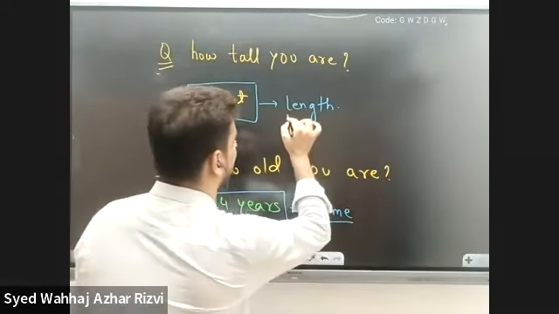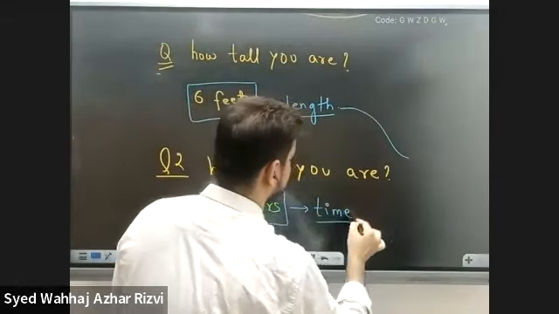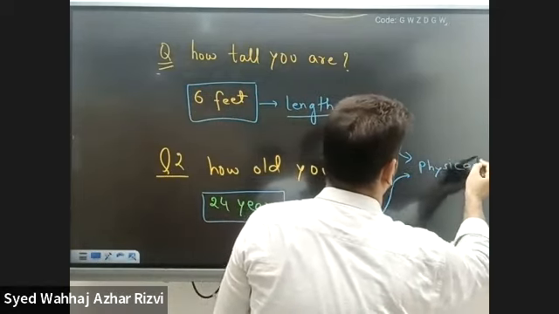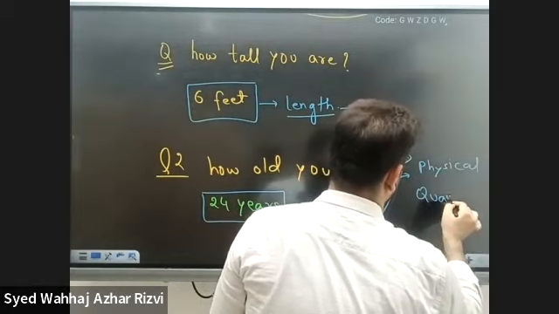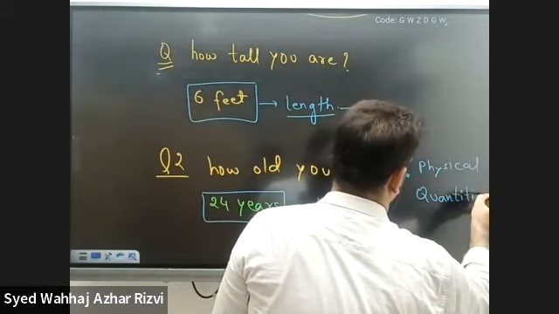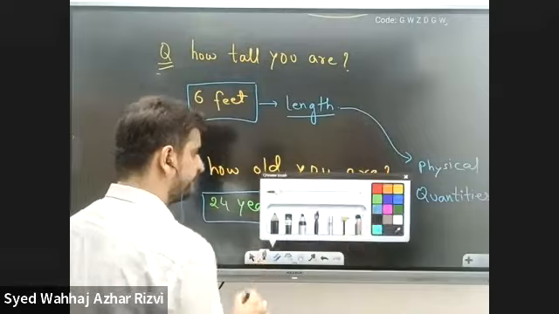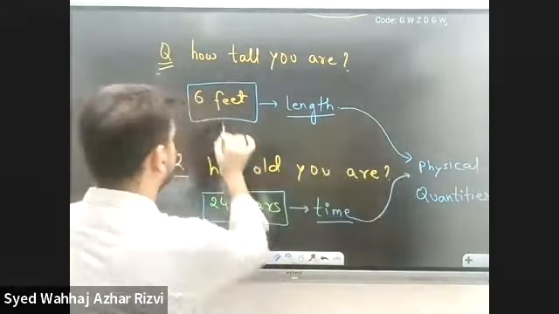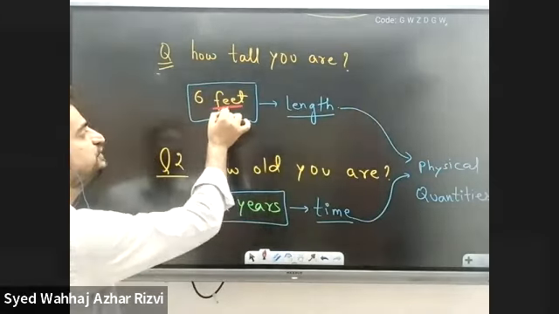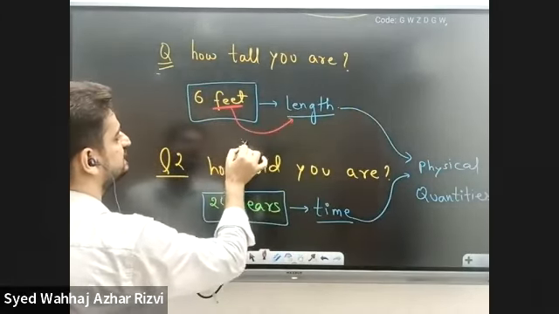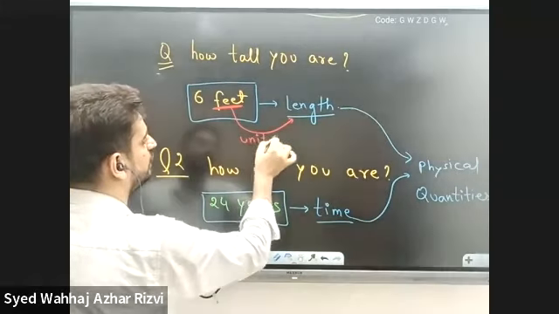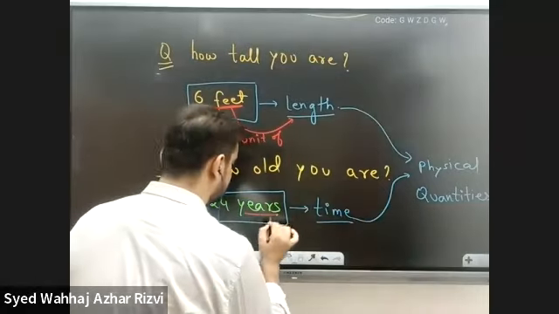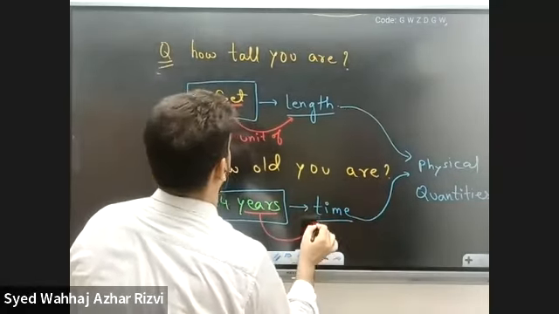So time and length, these two things are physical quantities. Feet is a unit of length. 24 years: years is a unit of time.